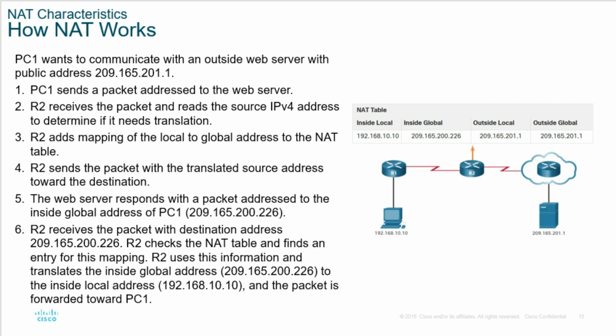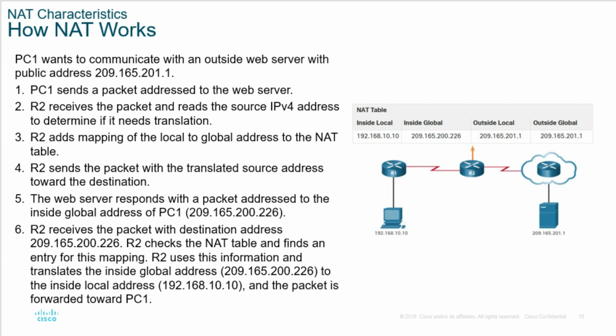So dalam network layer, when router 2 jumpa dia punya packet ni, dia akan tengok the source IP address. Bila dia tengok source IP address ni, dia akan examine whether it's a private or public IP. So when it sees it is a private IP, it knows that dia kena buat translation to a public IP.